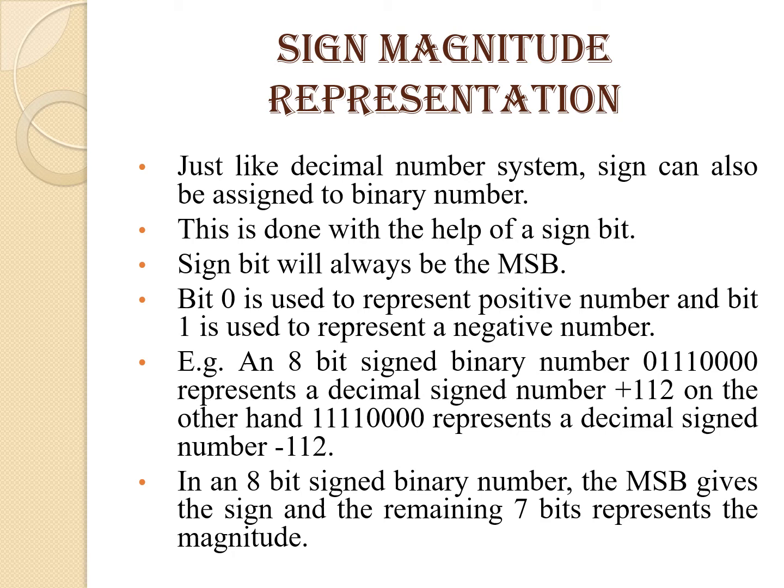So you can see here the 8th bit, that is the MSB bit, is a sign bit. If it is 0, that means the number is positive, and if the MSB bit is 1, the number is negative. In an 8-bit signed binary number, the MSB gives the sign and the remaining 7 bits represents the magnitude.